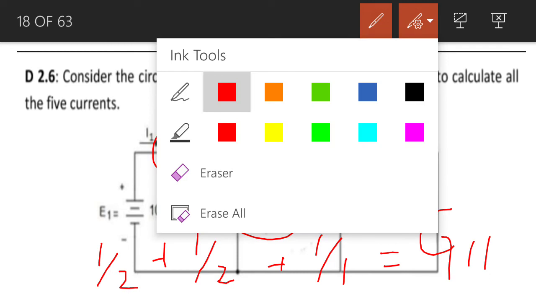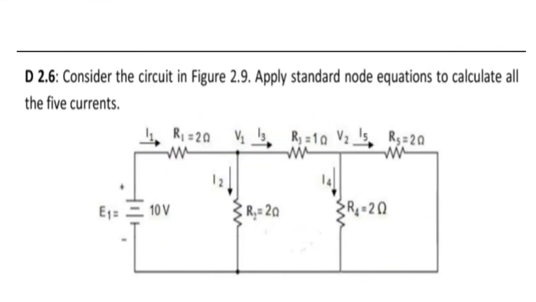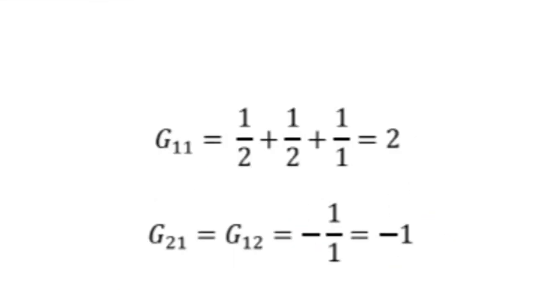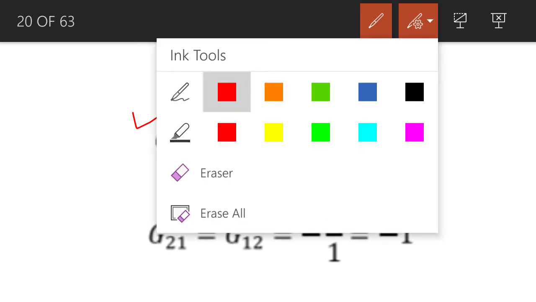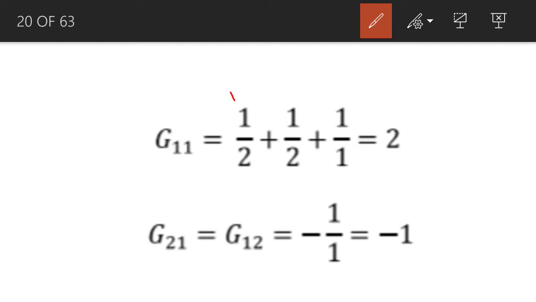So let us consider G11 in the equation over here. You see three resistors have been connected to the first node, a resistor of 2 ohm, another resistor of 2 ohm, and another resistor of 1 ohm. So we calculate the conductance of each resistor and then we take the sum of all these conductances. So we have 1 by 2 plus 1 by 2 plus 1 by 1. So G11 is 2 mho.